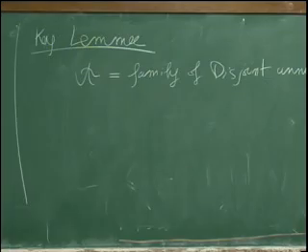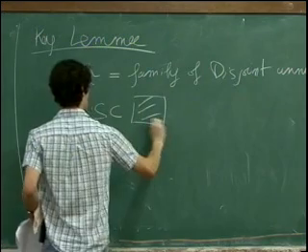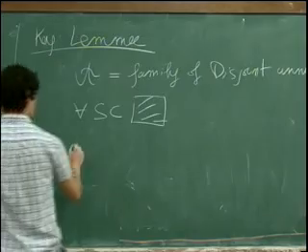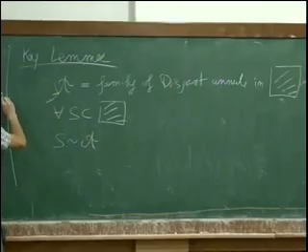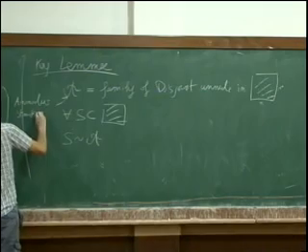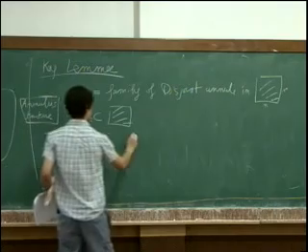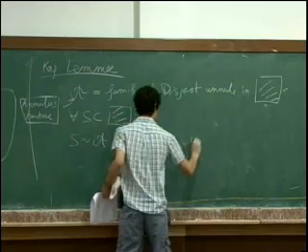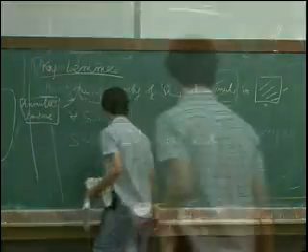And now, for any set S in the domain, I will say that S is compatible with the annulus structure A. S will be compatible with A if two things are satisfied.